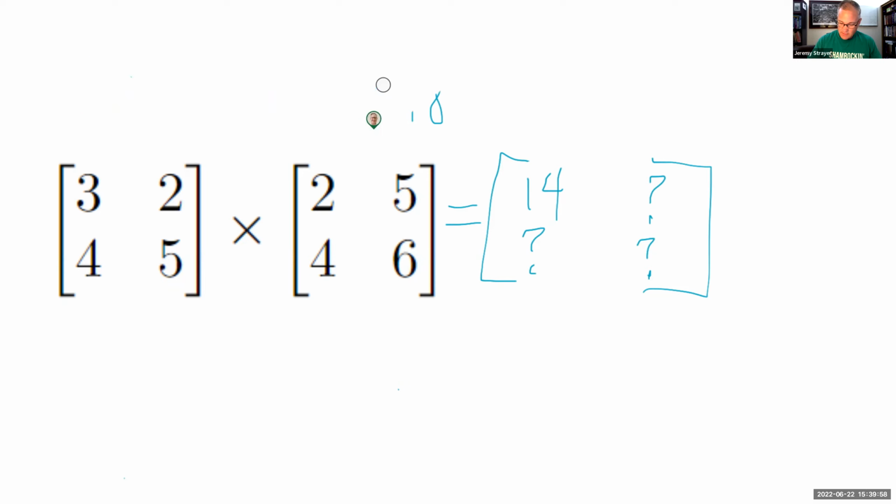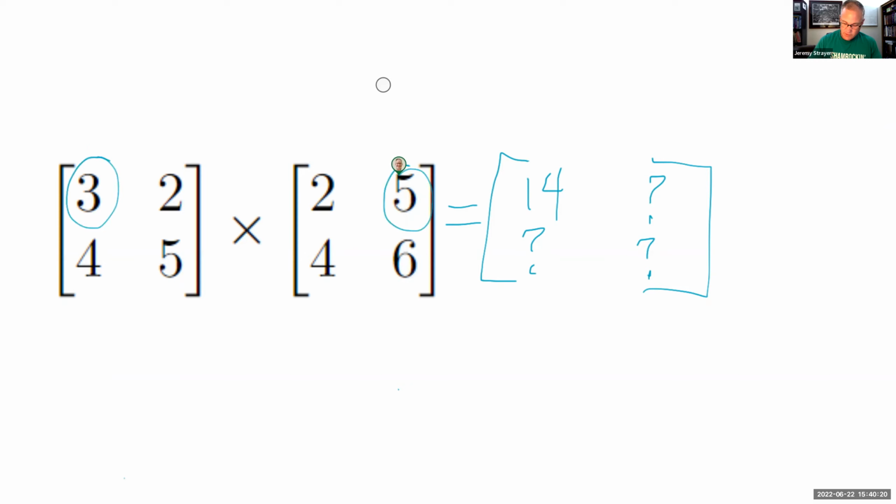So let's take a look at this location of the answer. This is the first row and the second column of the answer. First row, second column. So what we'll use is the first row of the first matrix and the second column of the second matrix. So that means we'll start with this 3 and this 5.